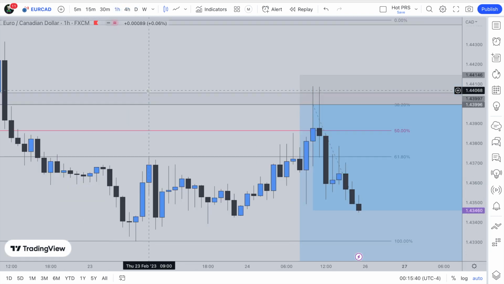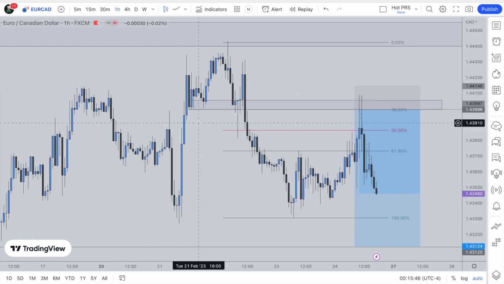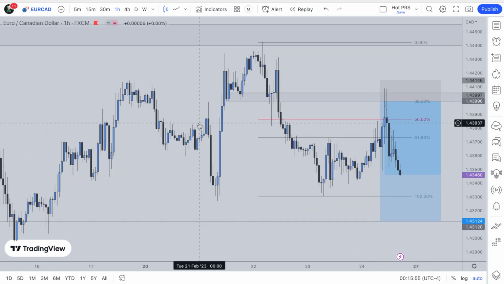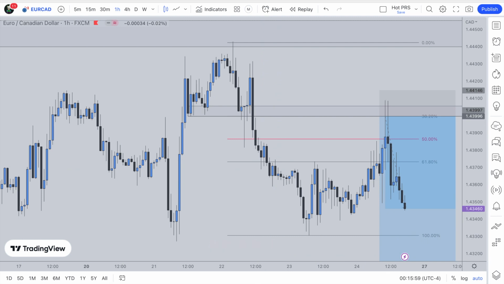We don't normally get this high volatility on a Friday for price to move so many pips. We normally get maybe 20-30 pips or somewhere around there. But price played out exactly how I called the move. The last time I was on the charts, price was currently trading right here.